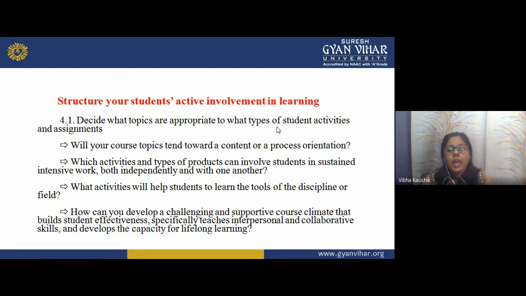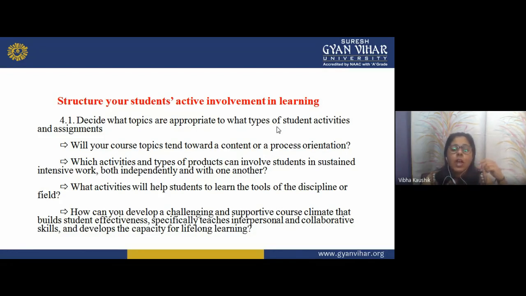What activities will help students to learn the tools of the discipline or field? You have to design the activities so that these activities will help the student learn the different tools of the discipline. How can you develop a challenging and supporting course climate?